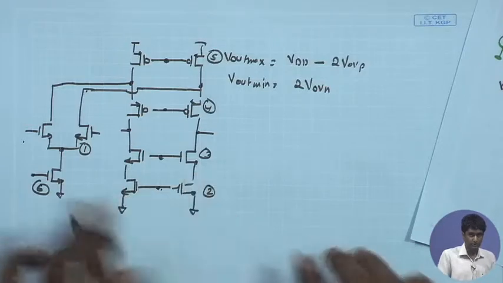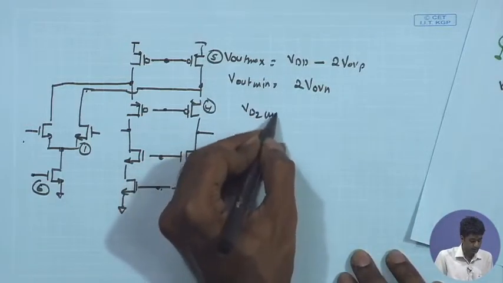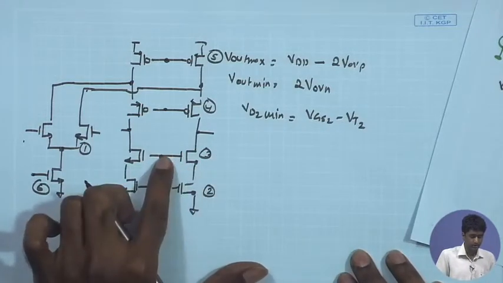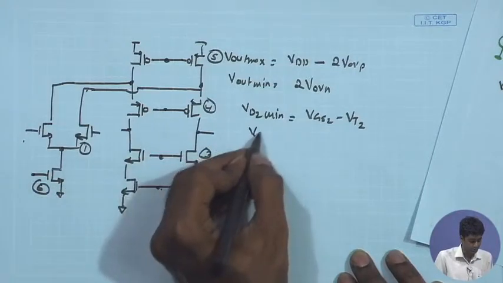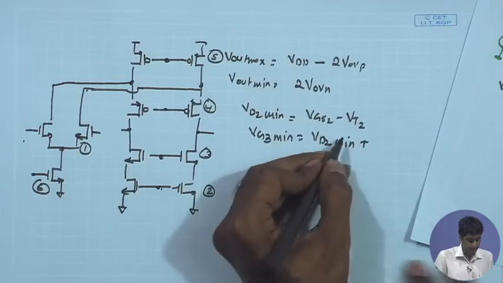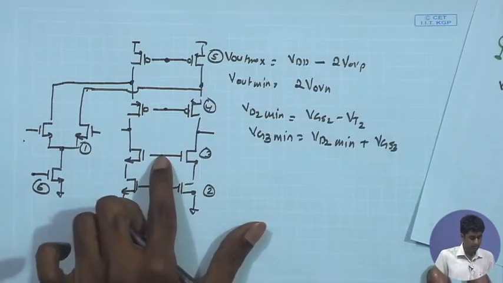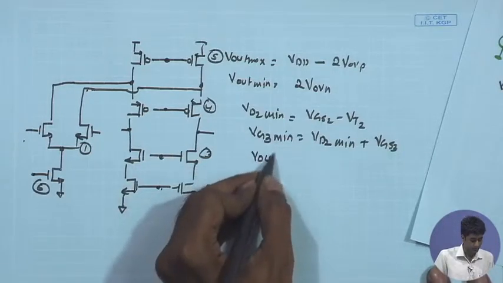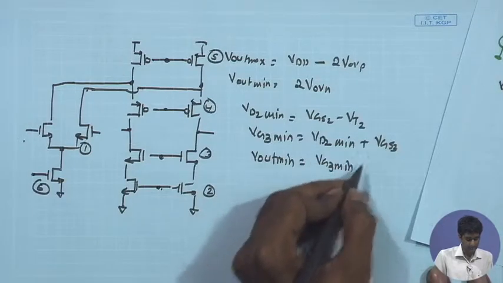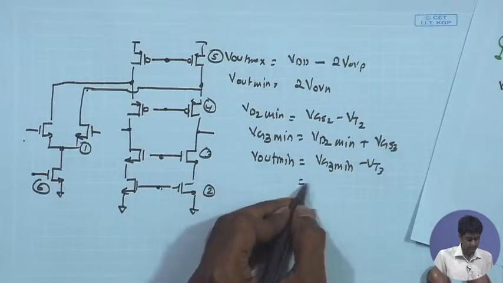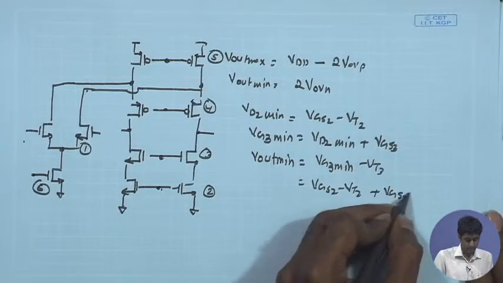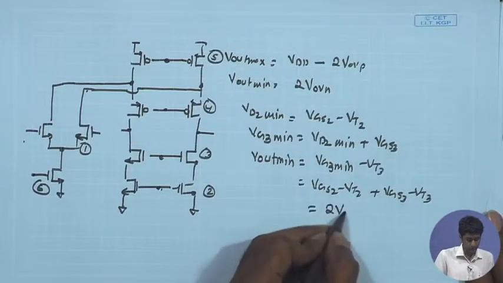The minimum allowed potential at the drain that you can have, VD2 min, is VGS2 minus VT2, and corresponding to that you have a minimum allowed gate voltage at G3. So VG3 min is equal to VD2 min plus VGS3, and as a result the output V out min is going to be VG3 min minus VT3, and hence this is nothing else but VGS2 minus VT2 plus VGS3 minus VT3, hence this is equal to 2V overdrive.